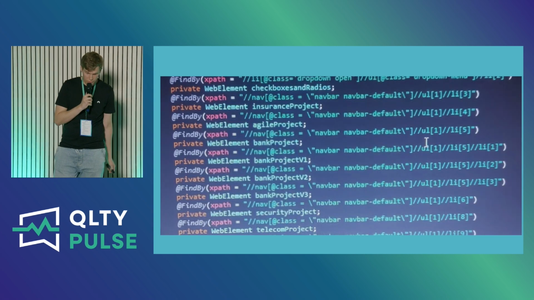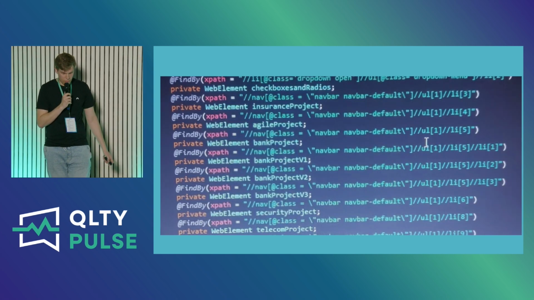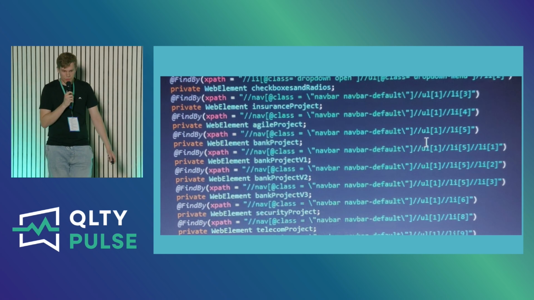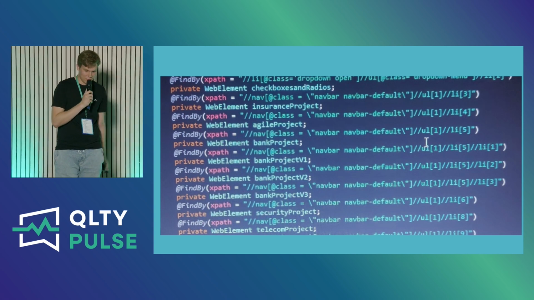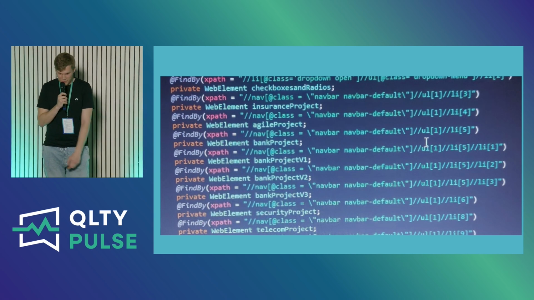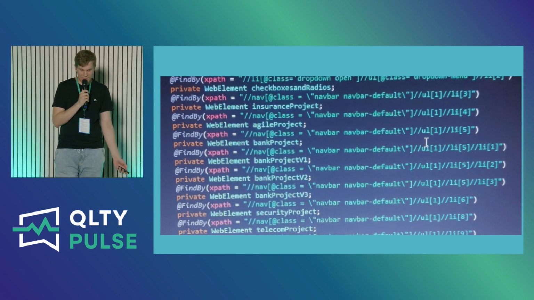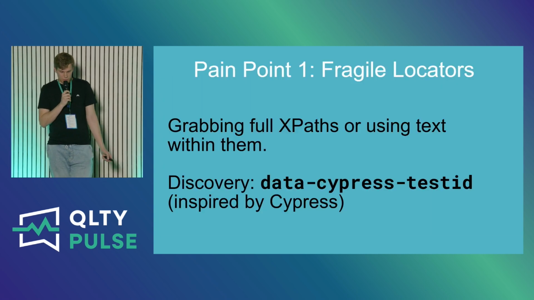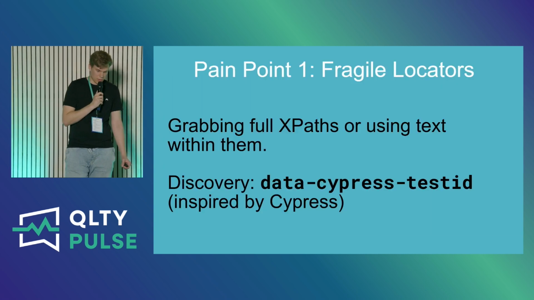So the first pain point that I went through is fragile locators. As you can see here, the locators are really bad, just copying XPaths. The naming is also just randomly put by the key values of the website. So I thought, okay, could I learn something here?